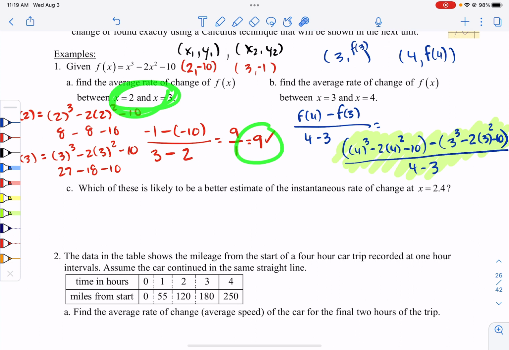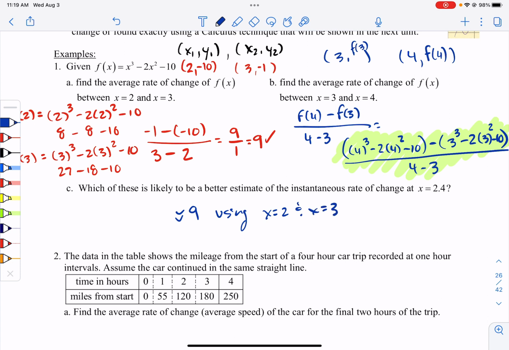The 9 would be the better answer. My answer would be approximately 9 using x equals 2 and x equals 3, because 2.4 is in between 2 and 3. Why would you use 3 and 4 to estimate 2.4? It might be an estimate, but it's not going to be a very good one.